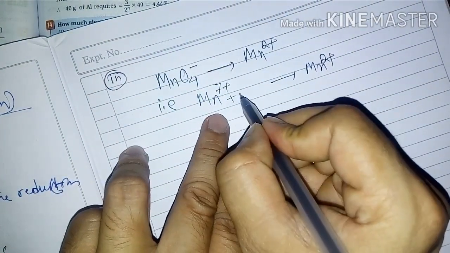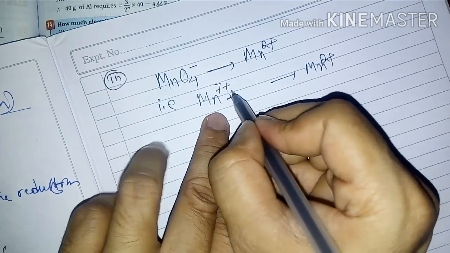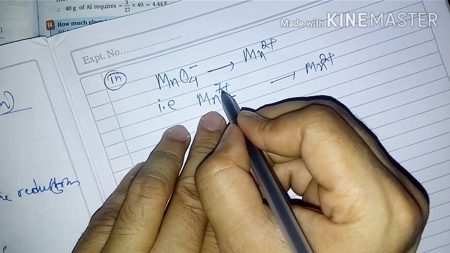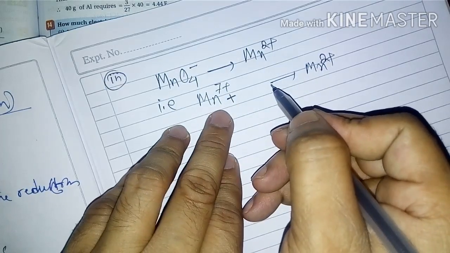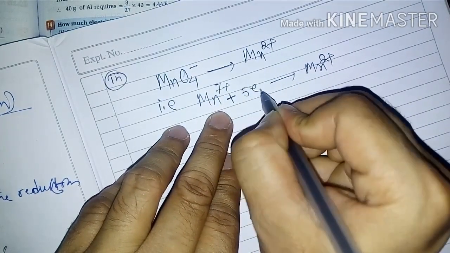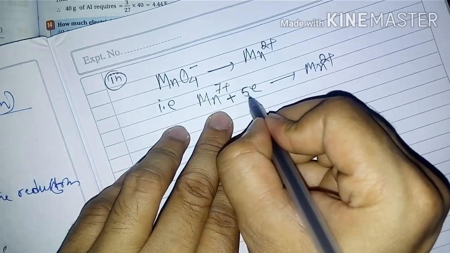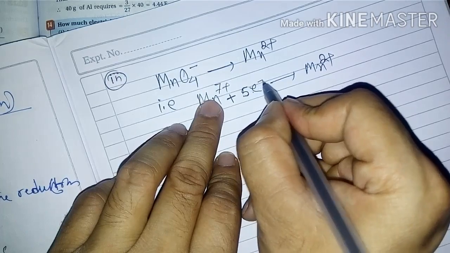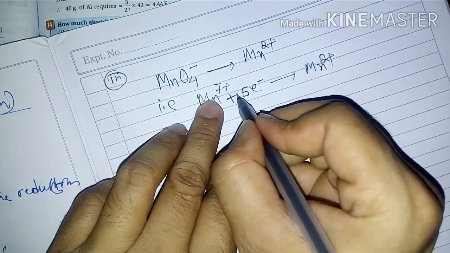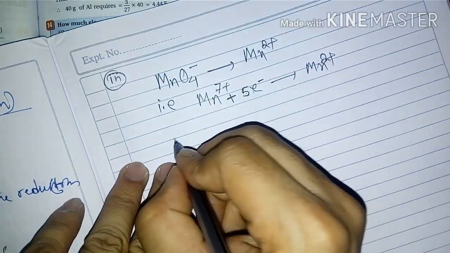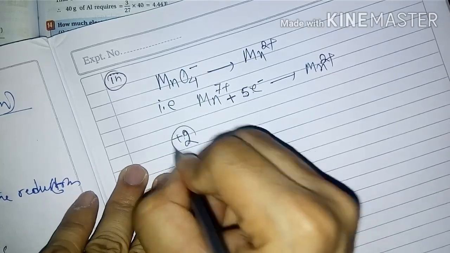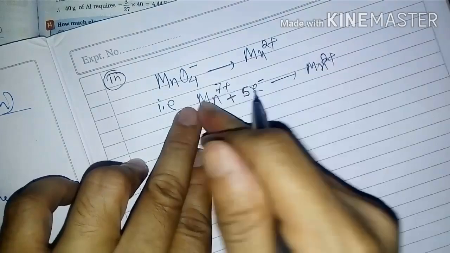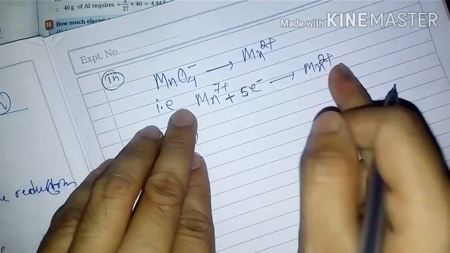Now on this side you can balance. Here 7 is there, so you can add 5 electrons. Electron charge is negative, so 7 minus 5 is plus 2. Now this side the charge is plus 2 and this side also plus 2. So both sides have equal charge.